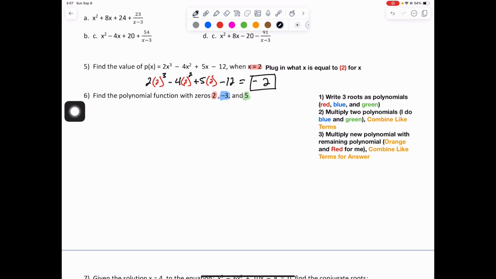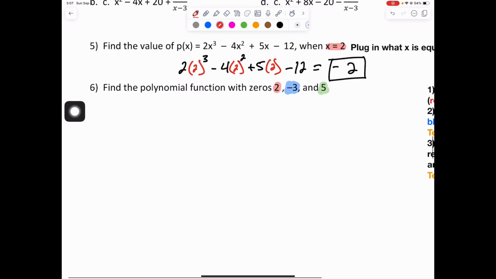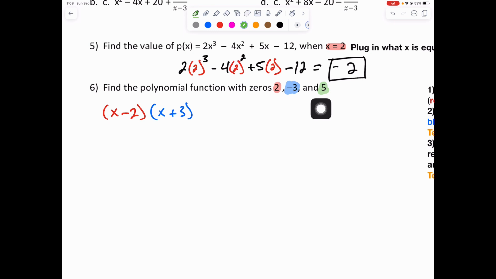We know that if x equals 2, to write that as a polynomial, it's just x minus 2, again taking the flip or the inverse. So we have x minus 3, which becomes x plus 3, and then we have x, which would be a positive 5, so we'd write it as x minus 5.